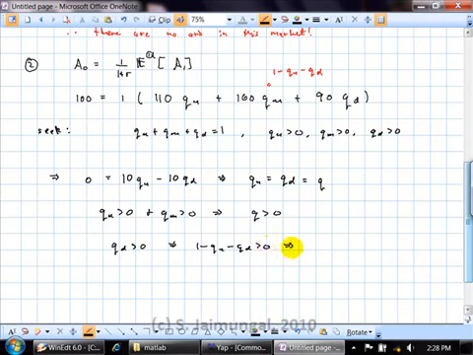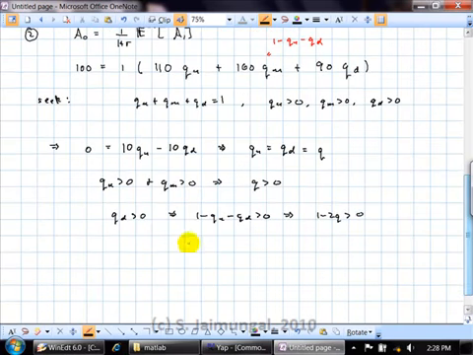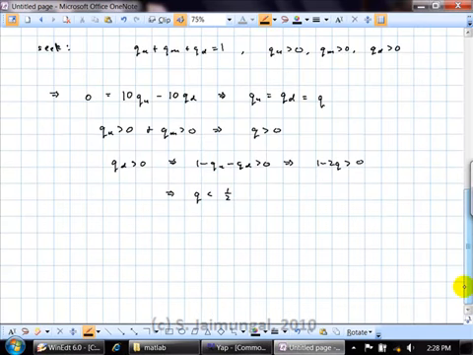But Qu and Qd are both equal to little q, so that's 1 minus 2 little q is positive. And that tells me that little q has to be less than a half. So we have two constraints that we've seen come out of this.